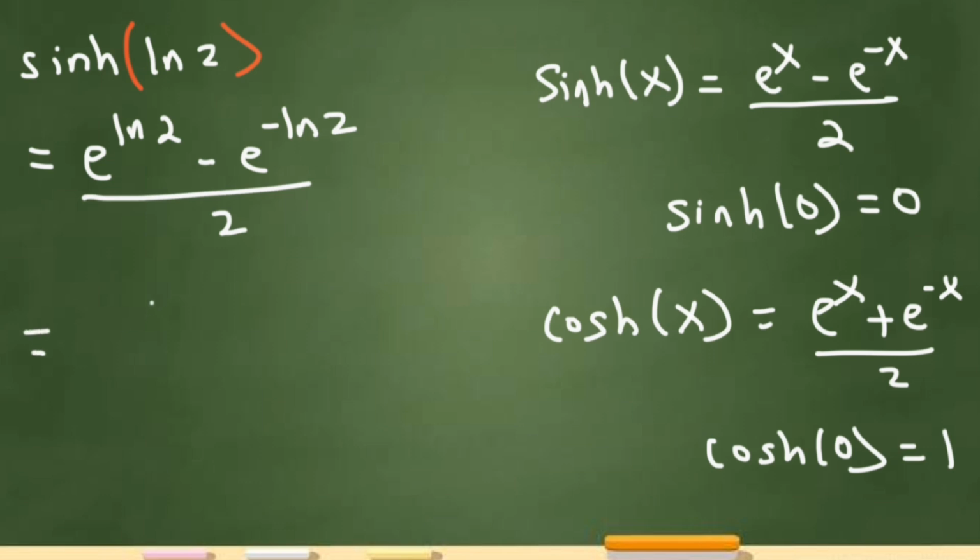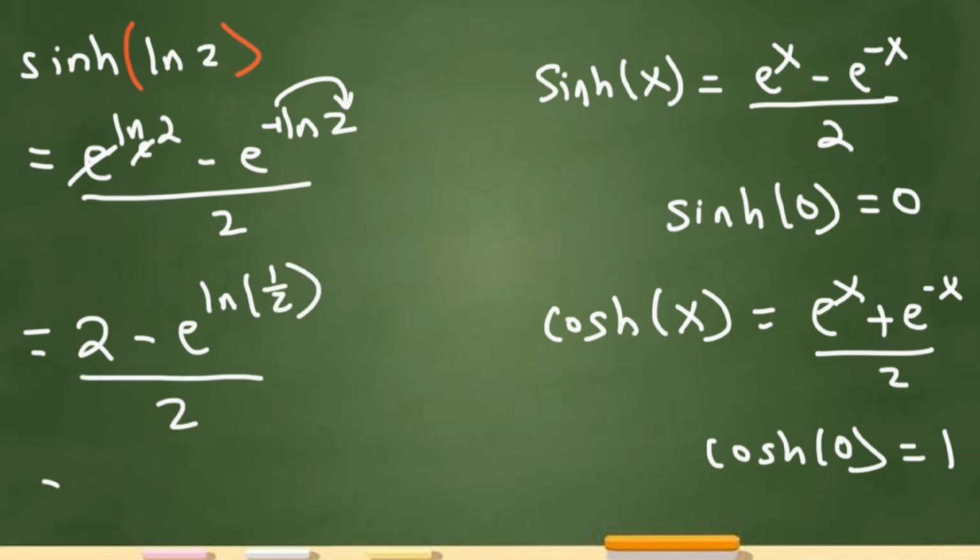Now, what is e to the ln 2? When dealing with natural logs, the base e and the ln cancel out, you just get 2. For the next one, this negative 1, I want to move it to the exponent of 2, as a property of log. This will be ln 2 to the negative 1. 2 to negative 1 is the same as 1/2. So these will cancel. I'm just going to get 1/2 here.